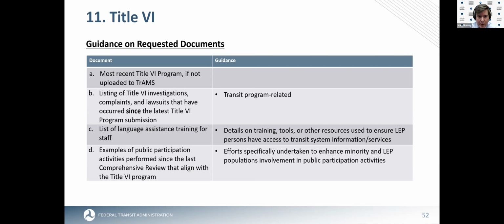Next up, item D here, examples of public participation activities performed since the last comprehensive review that align with the Title VI program. So one of the requirements under Title VI is that you provide early and continuous opportunities for minority and LEP populations to be involved in transit decision making. Again, you've got a public participation plan that's part of your Title VI plan, and whatever you say there is something that you're supposed to be doing.